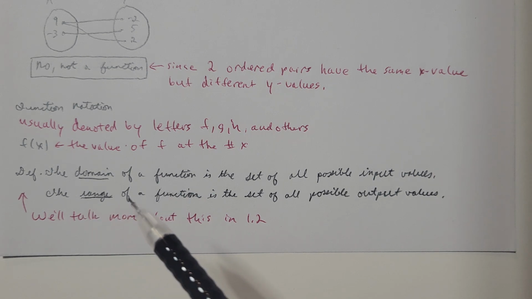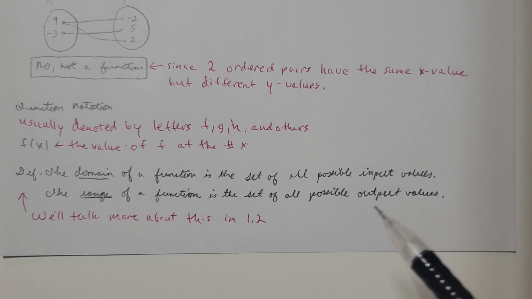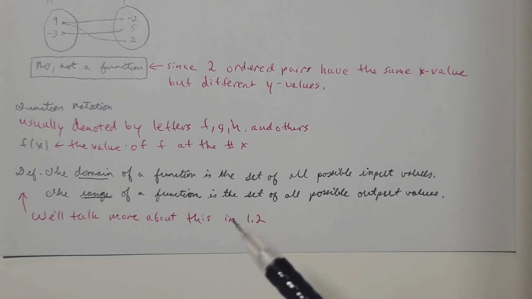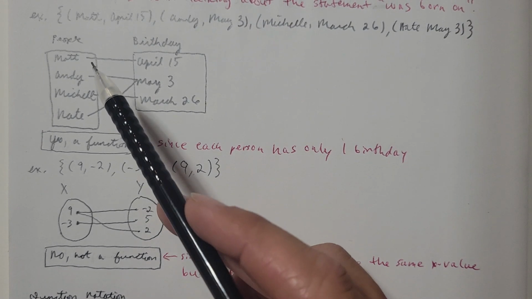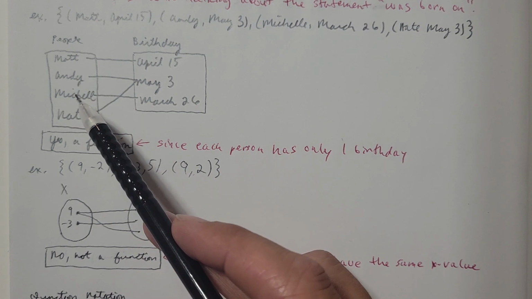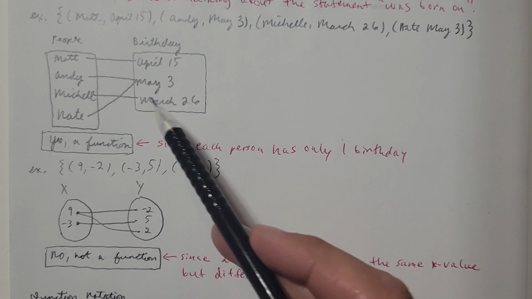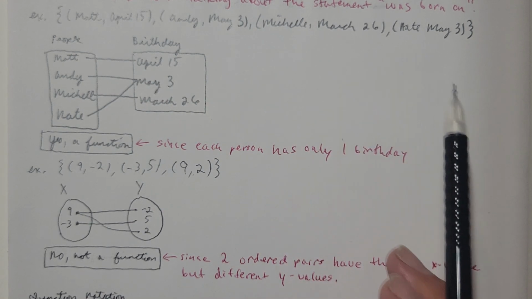Whereas the range is the set of all possible output values. So what's going out of the function. Those are two different things, right? So like, if I just go back to this problem here, these names, those would be the input values, and the dates that they're born on would be the output values. Okay.